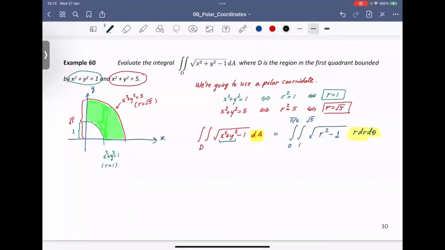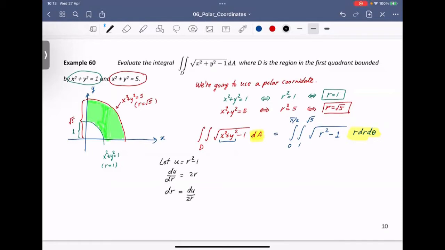Let's go back to the original Calculus 1 when you use substitution. So let u be r squared minus 1. Then du by dr is equal to 2r, and then dr is going to be du over 2r.